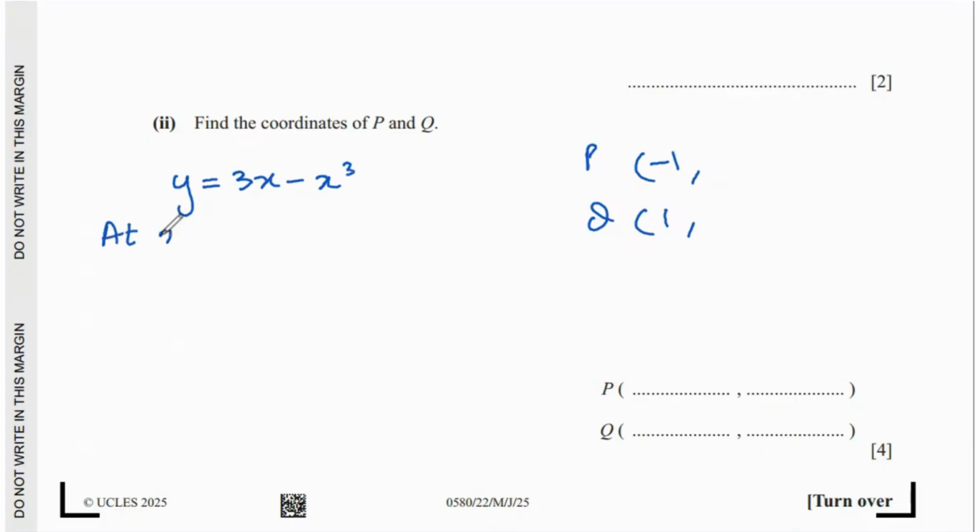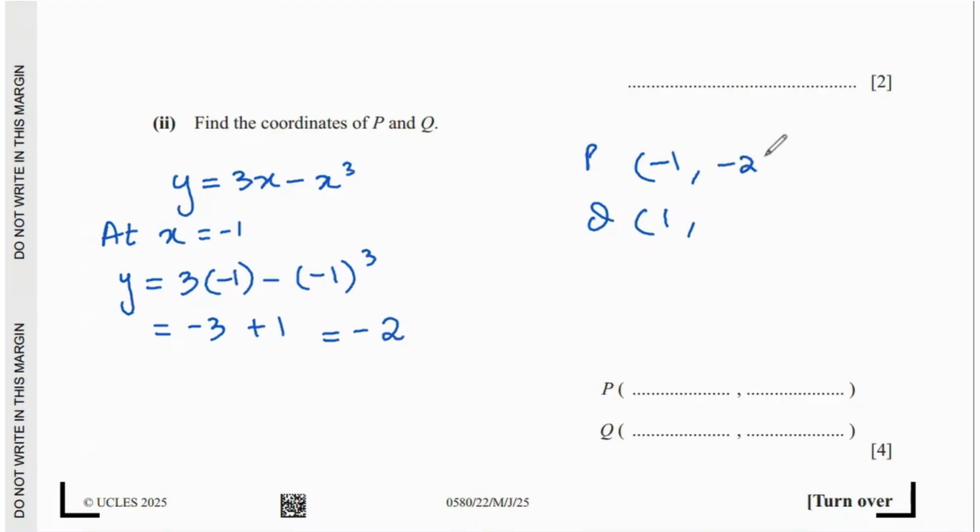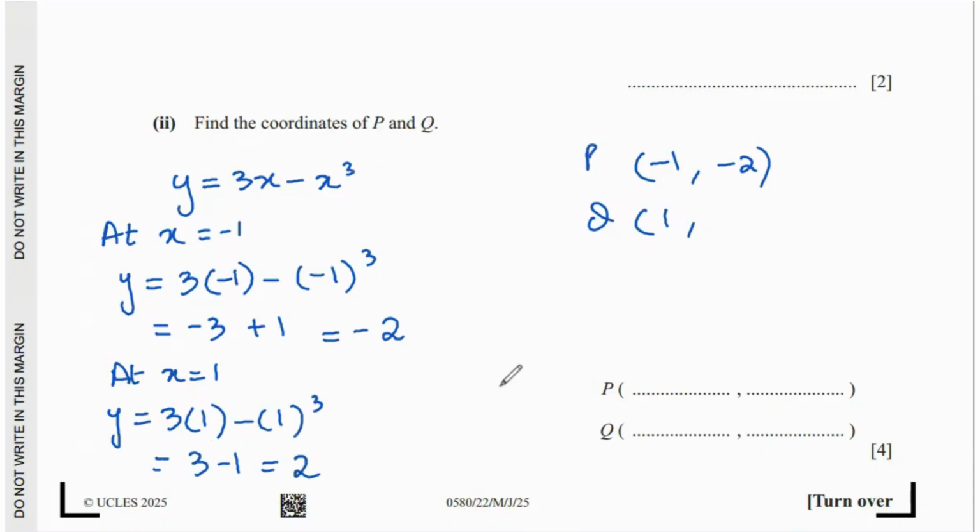So at x equals -1, y equals 3 times -1 minus -1 cubed. That's -3 plus 1, and that's -2. So this is -2. And at x equals 1, y equals 3 times 1 minus 1 cubed, which is 3 minus 1, and that's +2.